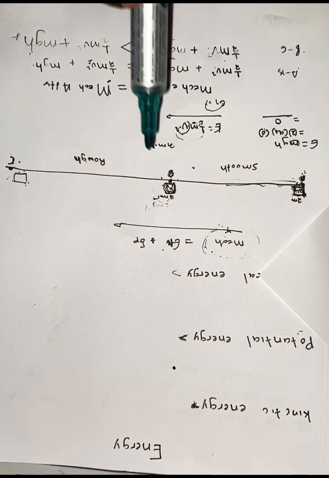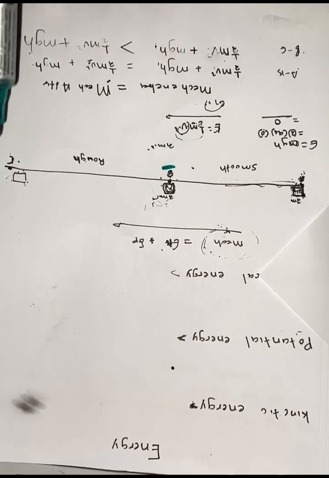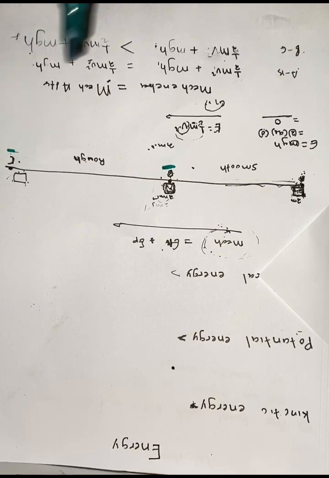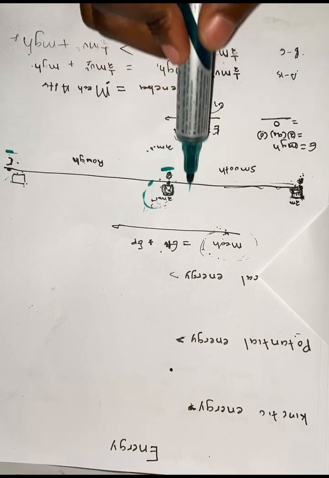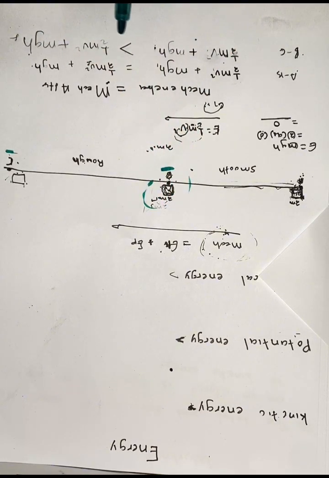Let's look from point B to point C. We said mechanical energy before is greater than mechanical energy after, and I say that there is no such formula in physics that has the sign which is greater than. How do I come about having an equal sign there?